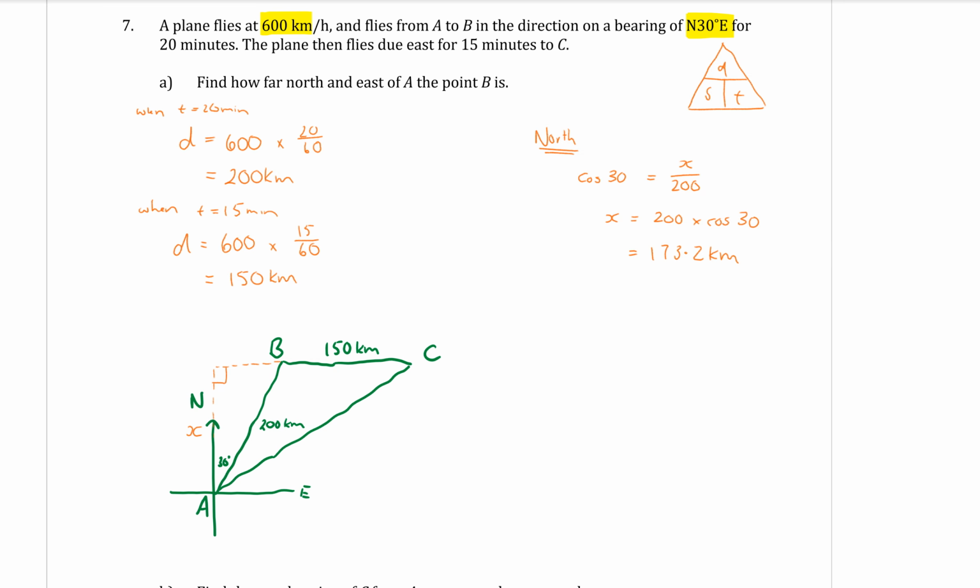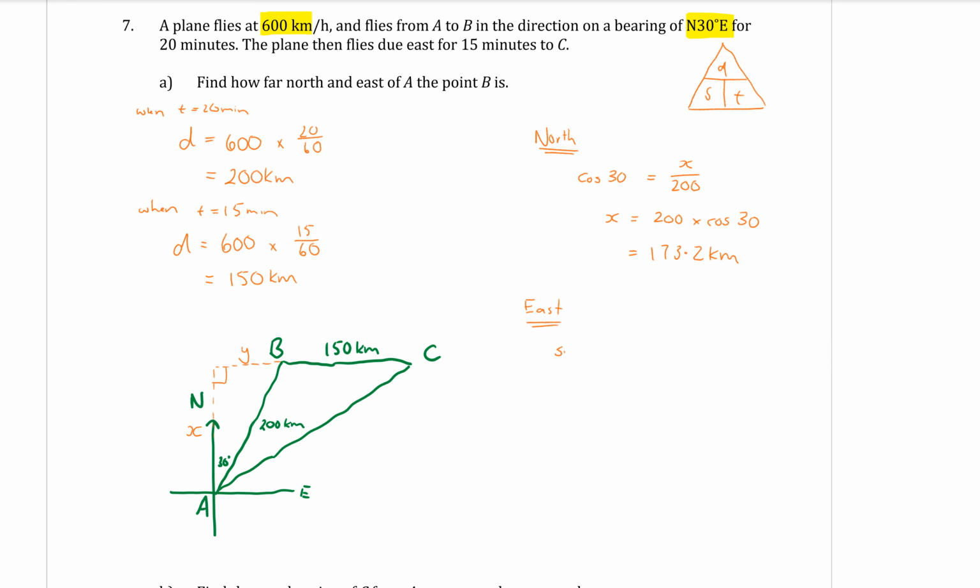Now we want to find the east. How far east have they gone? Now we can use our same orange triangle over here, I'm going to call that Y, to find that little bit there. Okay, that's not the whole distance, but that's the start. So using my orange triangle, from the 30, the Y is the opposite and the 200 is the hypotenuse. So that will be using sine.